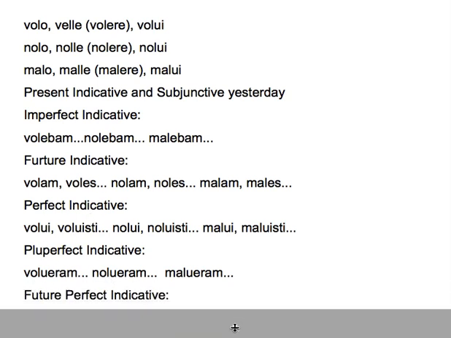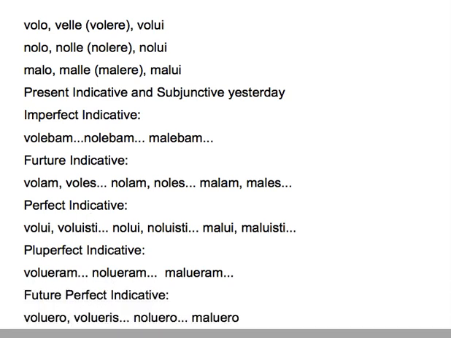And finally, also completely regular, the future perfect indicative is your wolu stem, your third part, plus ero, eris, erit. Alright, so this would be noluero, nolueris, noluerit, noluerimus, nolueritis, noluerint. Totally regular. Malo is also completely regular. Start from your stem here. So a lot of this stuff is pretty familiar.